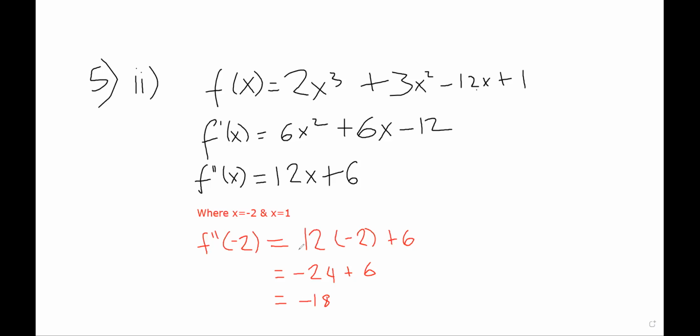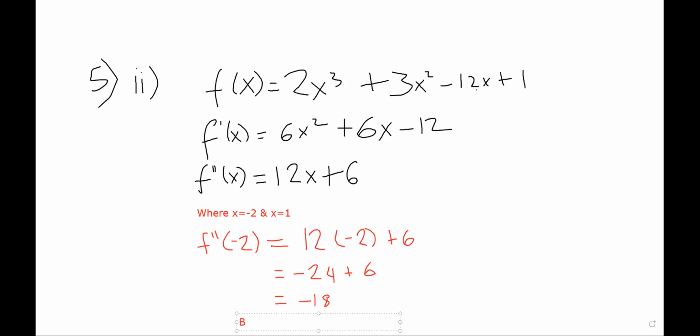All right. So we can already see that -18 is less than 0, right? So we can jot down our little conclusion, right?